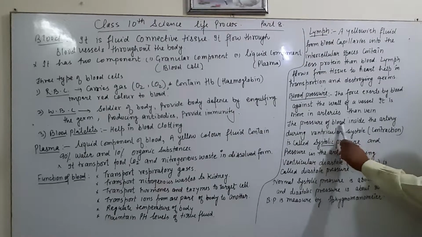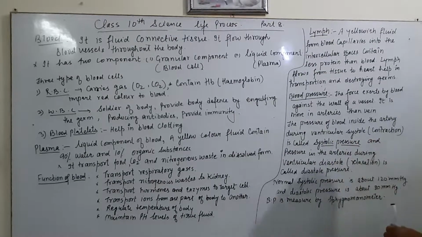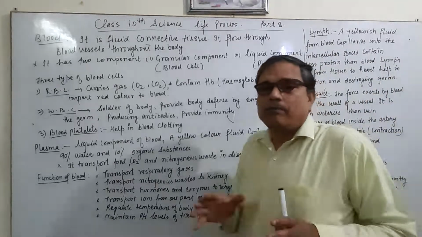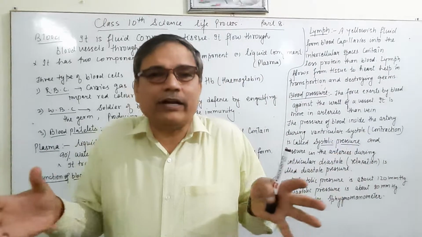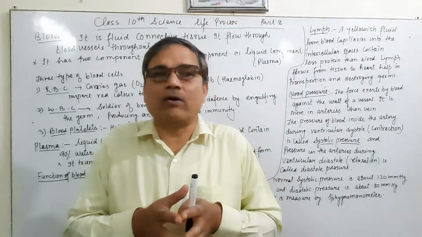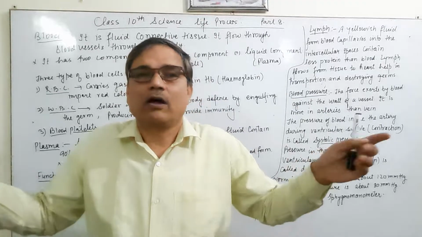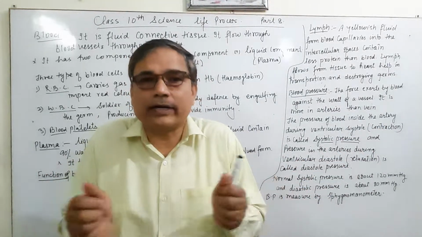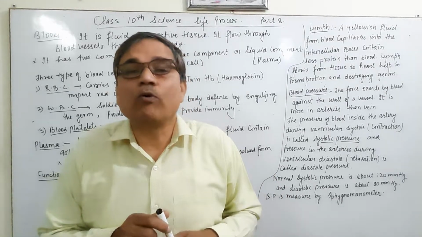The blood pressure inside the arteries during ventricular systole, when contraction takes place, is higher. You have studied contraction and relaxation. When the heart contracts, it exerts more pressure.